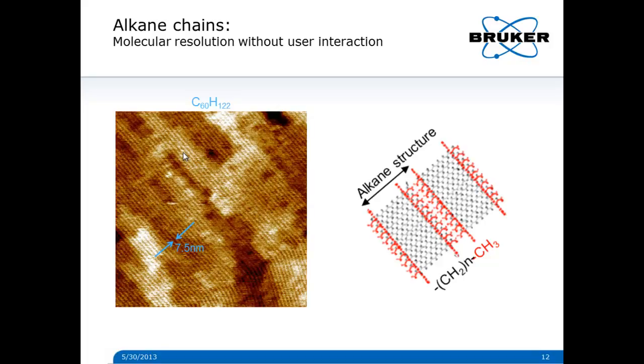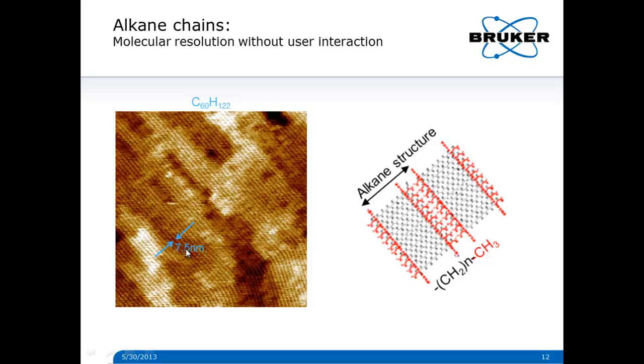Another polymer example is looking at alkane chains. These are deposited on HOPG, and they form this crystal structure where the alkanes line up, and the spacing, the length of the molecule, is about 7.5 nanometers.